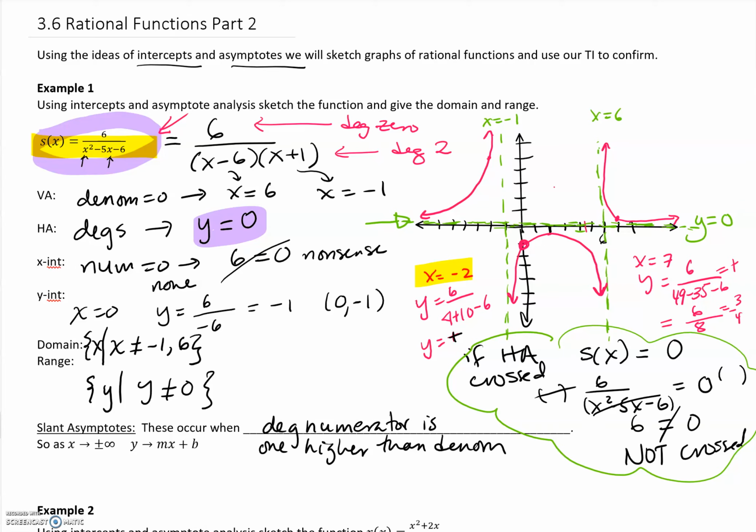Scratch that, not in reference to the VA, I mean in reference to the horizontal asymptote. So just like the horizontal asymptote here is y equals 0, if the degree of the numerator and denominator are different by 1, the numerator being greater, then you're going to get a slant asymptote, and instead of a horizontal asymptote, you're going to have the graph approaching a linear function y equals mx plus b as x goes to positive or negative infinity.